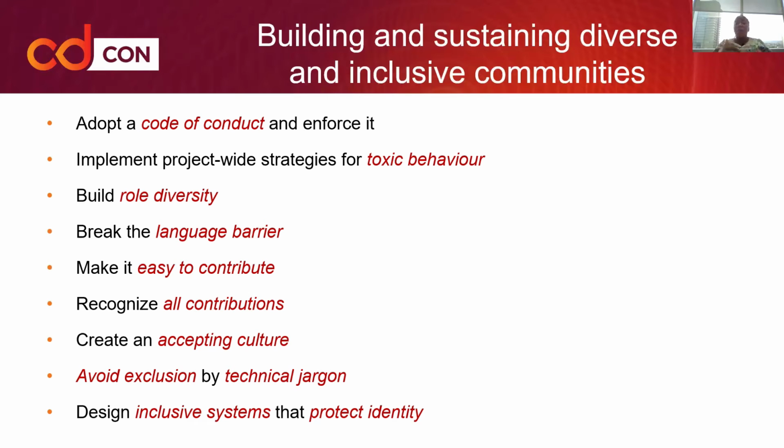We have a lot of open source communities today that just have the code of conduct pasted in a README file on their repository, and people are going against this code of conduct, but nothing is being done. So it's very important that open source organizations enforce this code of conduct and ensure that anyone who goes against it is penalized, or there is some form of punishment for people who go against the code of conduct.